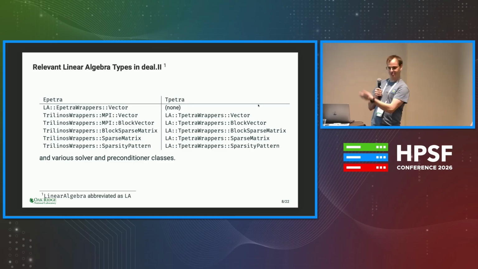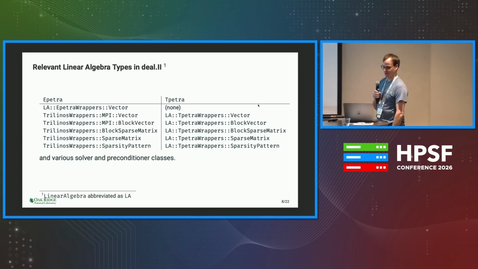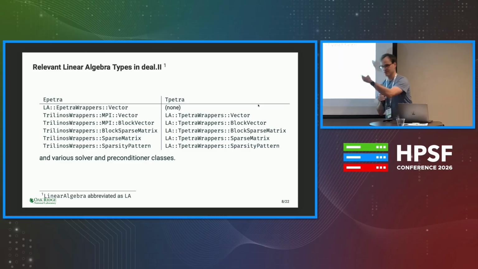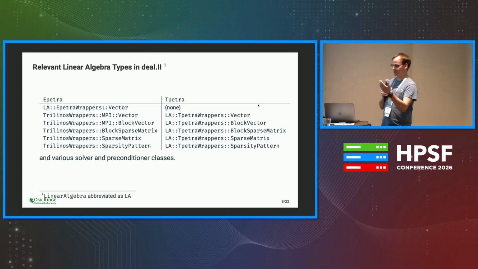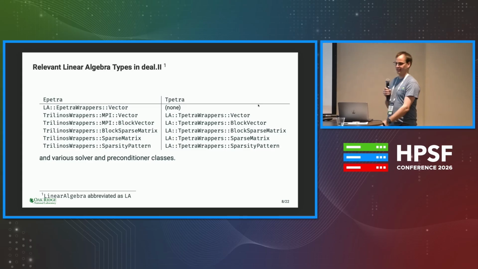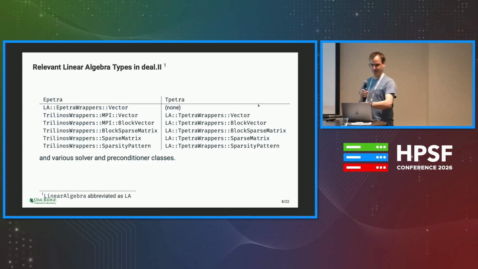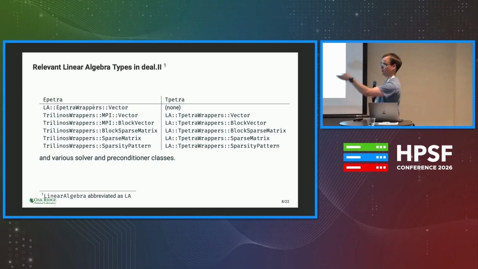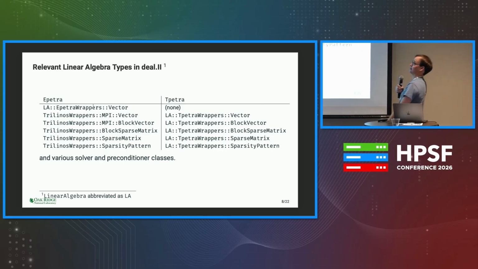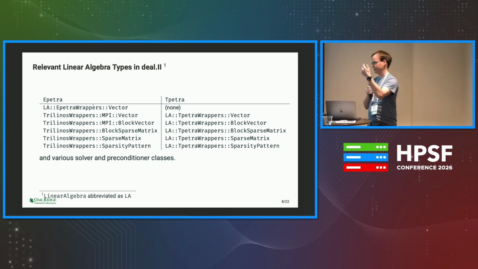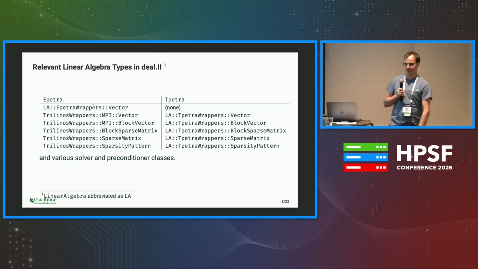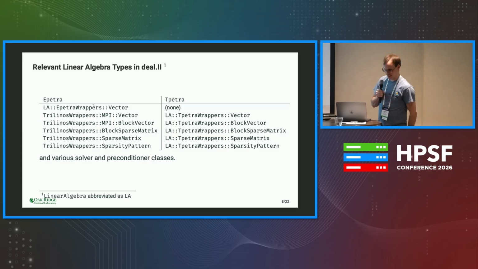But due to historic reasons or slow development, and you can't do everything at once, we developed the Tpetra wrappers in their own namespace, also because, of course, it provides more functionality, like different scalar types and different memory spaces. And basically, we also had this Epetra wrappers vector, which was this new vector interface that was also used in the Tpetra wrappers. So we are just throwing that away now because no one wants to use that anyway.